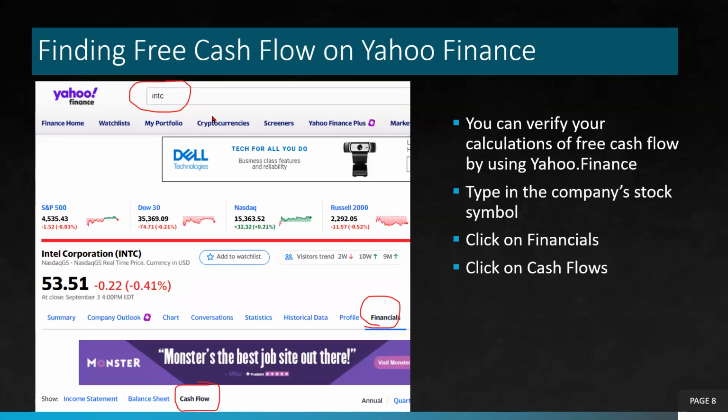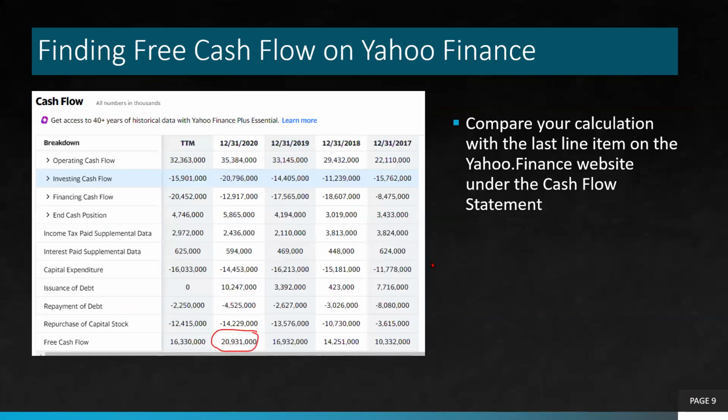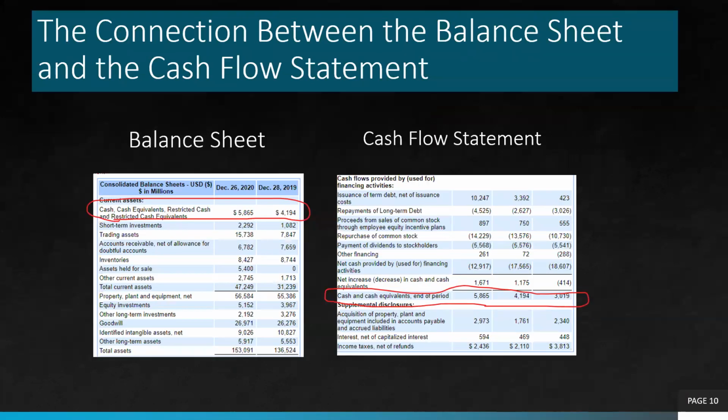When you get to this page, you're then going to click on financials, and then you're going to click on cash flows. This will be the results on the screen. If you look at the very bottom number, free cash flow, there's that $29,931, which matches up to what we did on a freehand calculation.